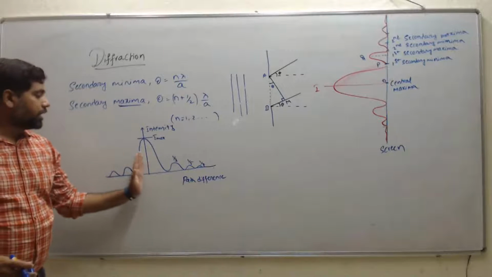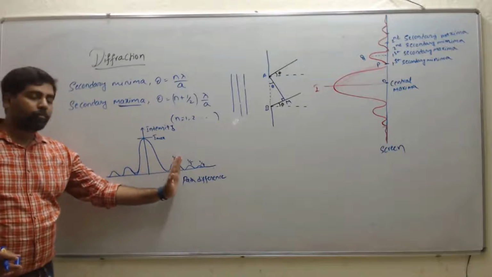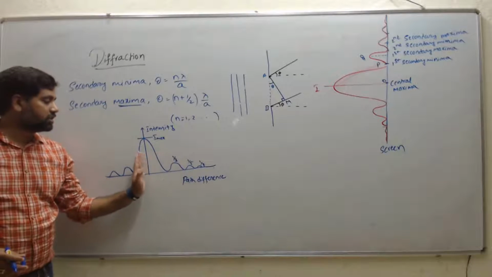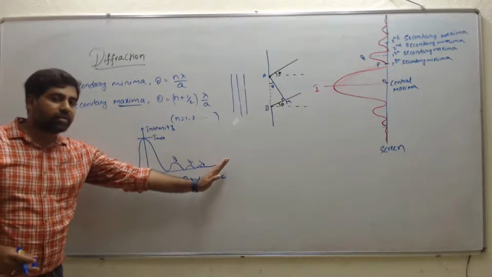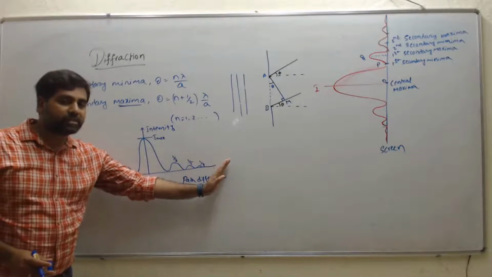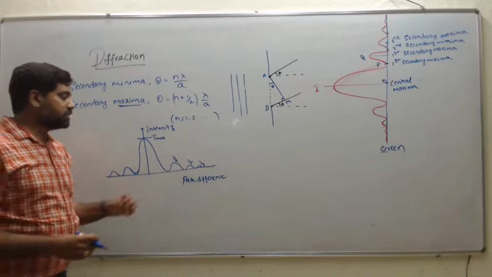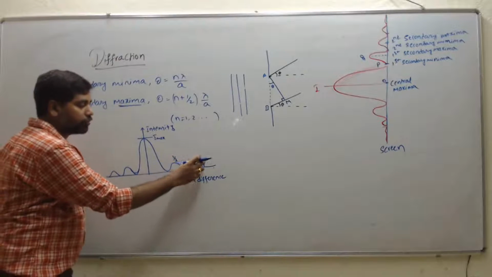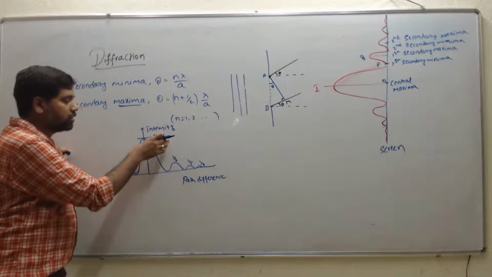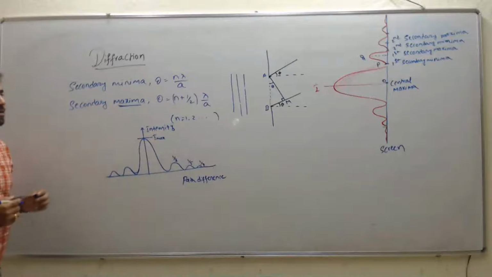So we are not getting constant bright regions and constant dark regions. As the order goes on increasing, we are getting different intensities, 1/3, 1/5 and 1/7 of the maximum intensity, right?